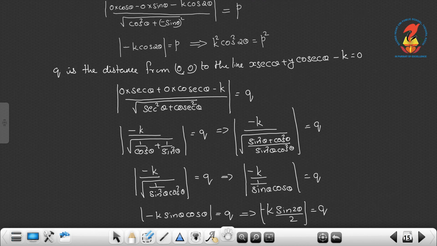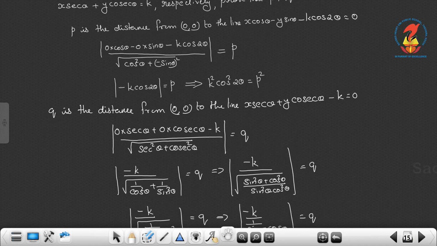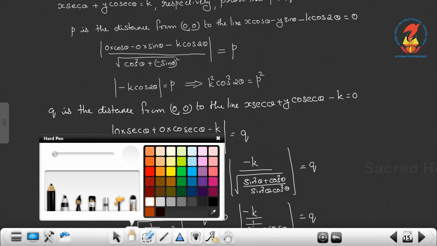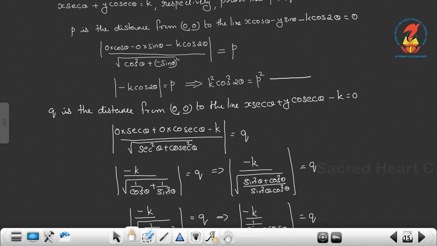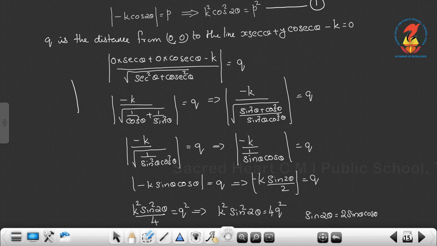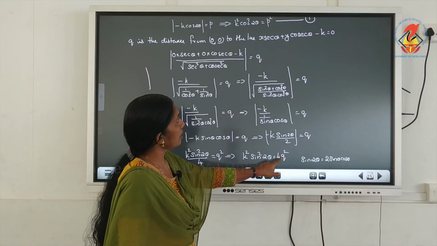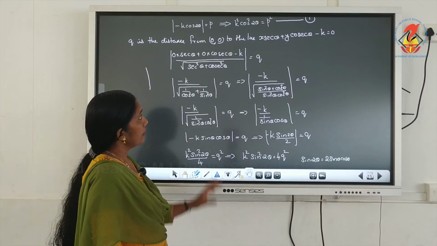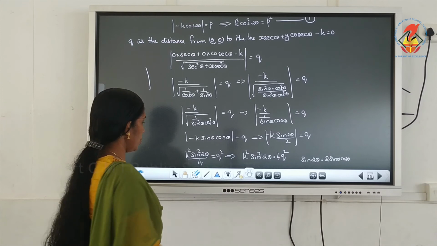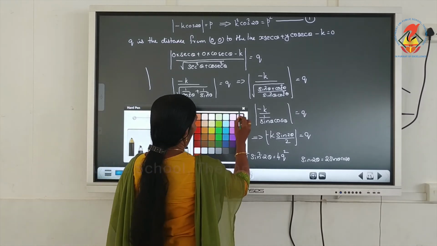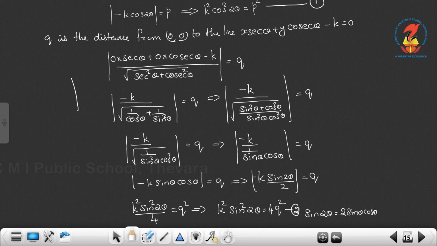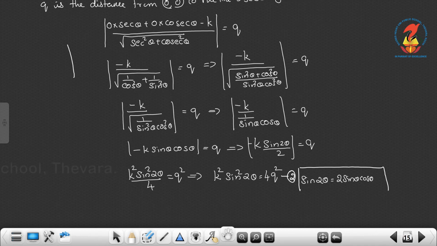Then look at the first one. Here we have k square cos square 2 theta is p square, and the second one is k square sin square 2 theta is 4q square. This is equation 2. Then we can add 1 and 2.